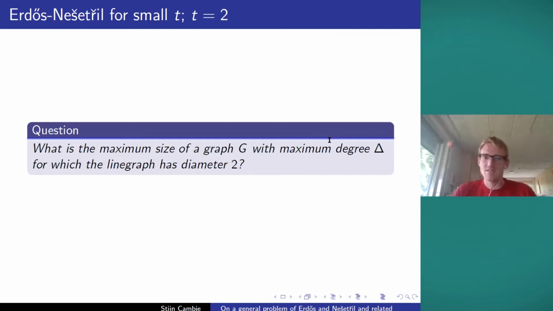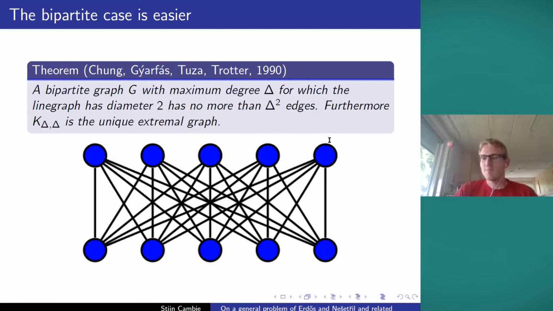I do not expect anyone to solve it, except if the person knows the result from the literature or has worked on it in the past. But they first considered an easier case, which was bipartite graphs. The bipartite case is easier and was solved in a pretty short and neat theorem by Chung, Gyárfás, Tuza, and Trotter.